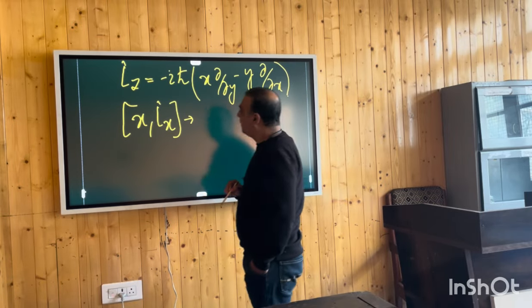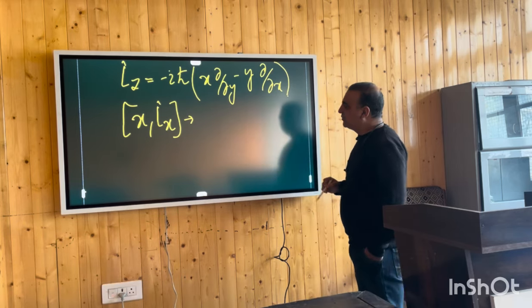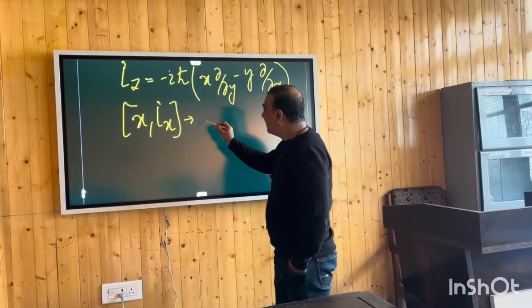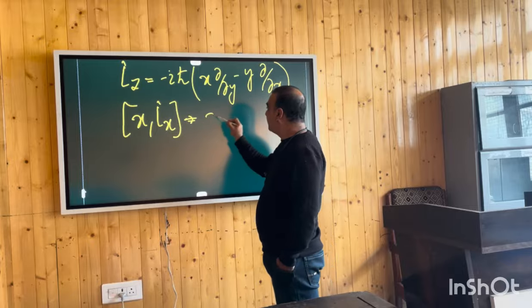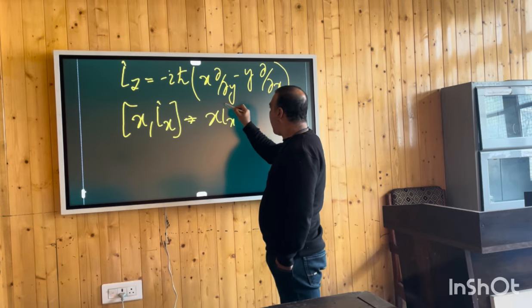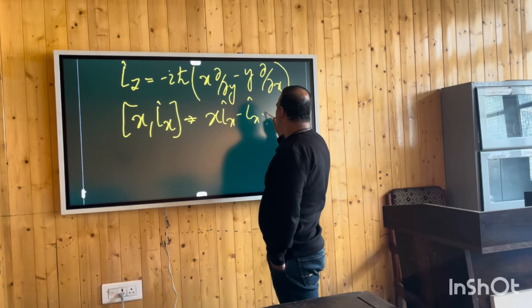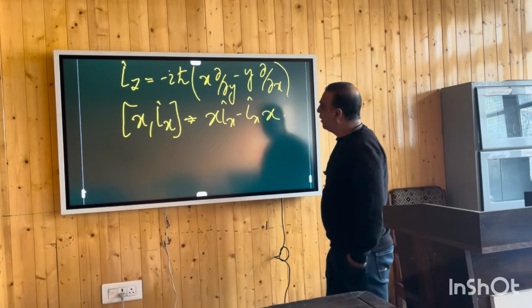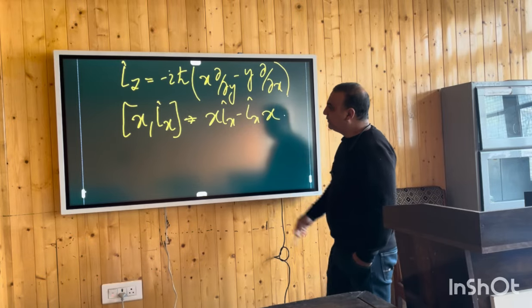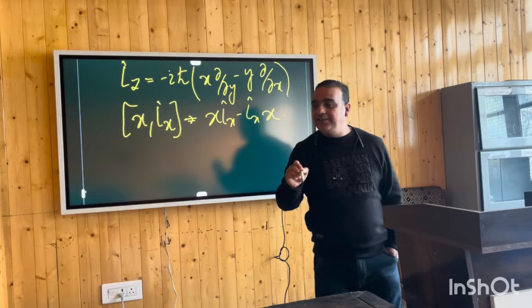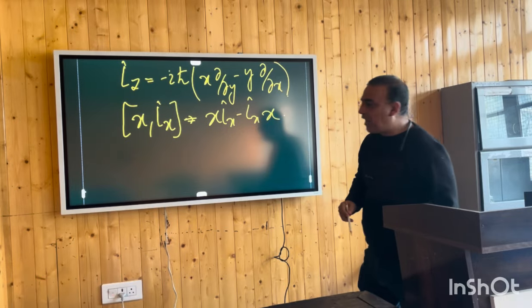So this will be our first job. So here we have commutators, and this commutator can be written as x Lx minus Lx x. This is how we can write down the commutation between the position x and the angular momentum along x.